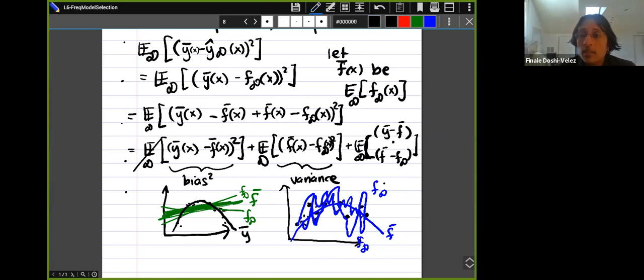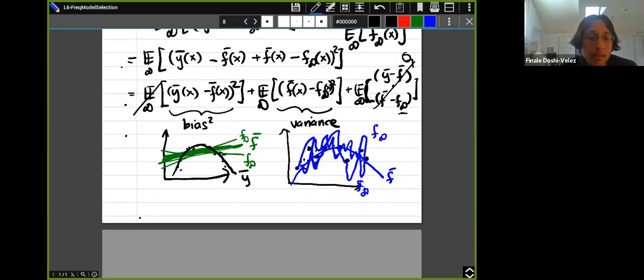And then the final term is going to be 0, because this is an expectation over data sets that only appears in this term over here. So this ends up being a constant, by the same sort of argument that I made for the first case. And now in the second term, F bar minus F data set, by definition, this expectation is 0.